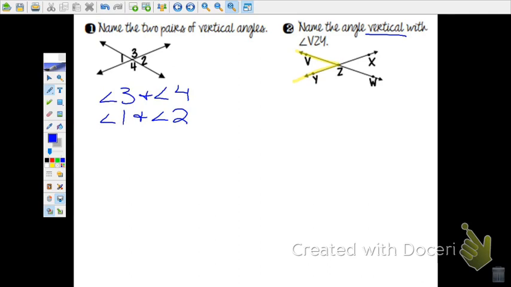VZX? Not vertical. XZW. There we go. Vertical angles are going to be on those opposite sides. VZX would be adjacent.